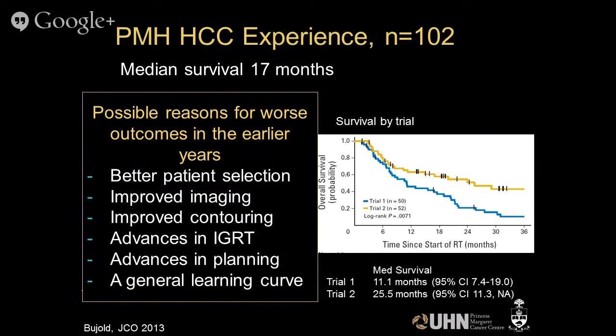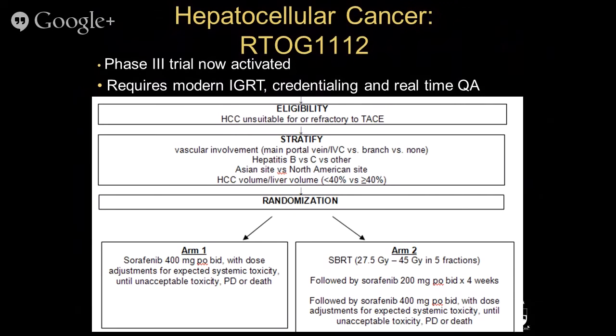We started with poor man's IGRT and now use state-of-the-art volumetric 3D and 4D cone beam CT. We've had advances in planning, and I think in general there really is a learning curve for liver radiotherapy, and something that hopefully we can shorten as other centers start up programs as we share the tips that we've come across from our own experience.